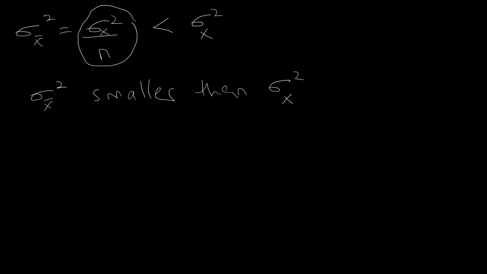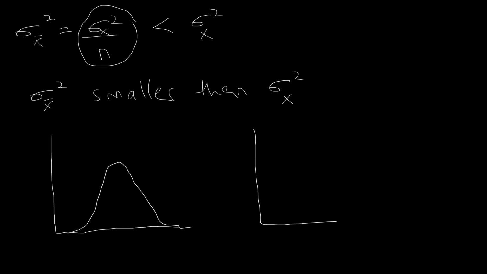So we were comparing the variance of the distribution of x. Let me just redraw the diagram once again. I don't know why I can never draw the curve correctly the first time. Okay, I think this is much better. So this is the distribution of x bar on the right hand side, and this is the distribution of x, the random variable, on the left hand side.